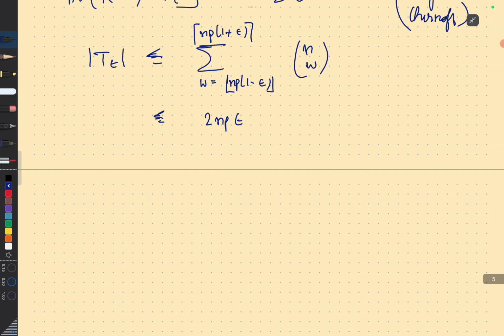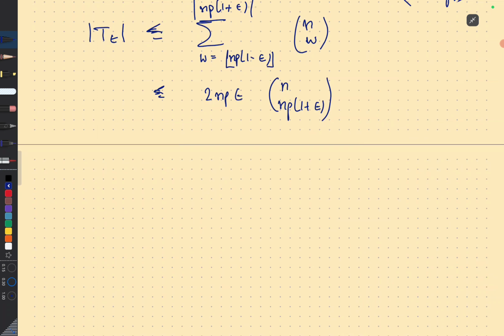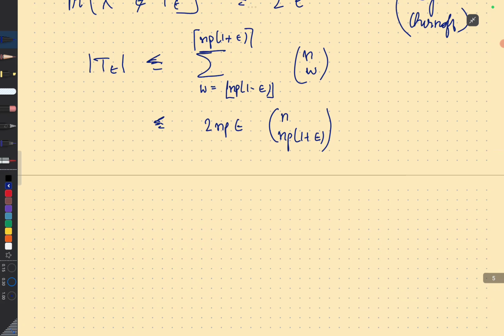Again, I'm going to ignore the ceil and the floor, because it's not going to change the order or the high level behavior of this particular quantity, times n choose np into 1 plus epsilon. How did we get n choose np times? Because for what w is this quantity the largest? N by 2.